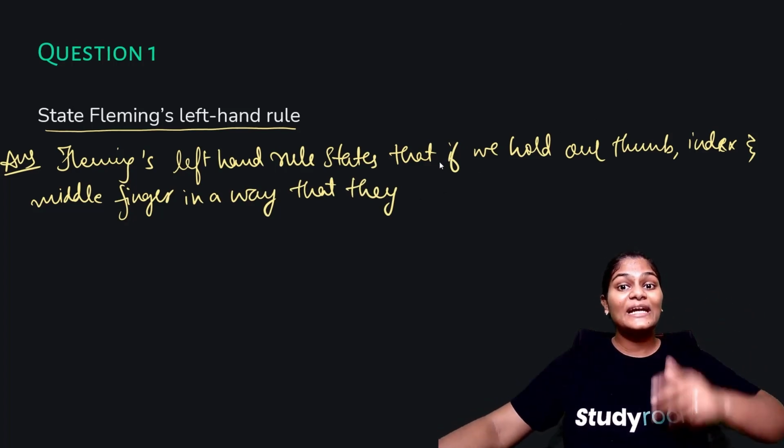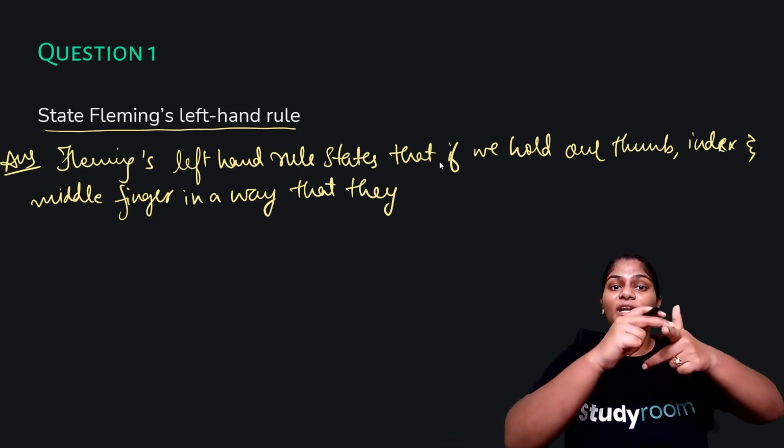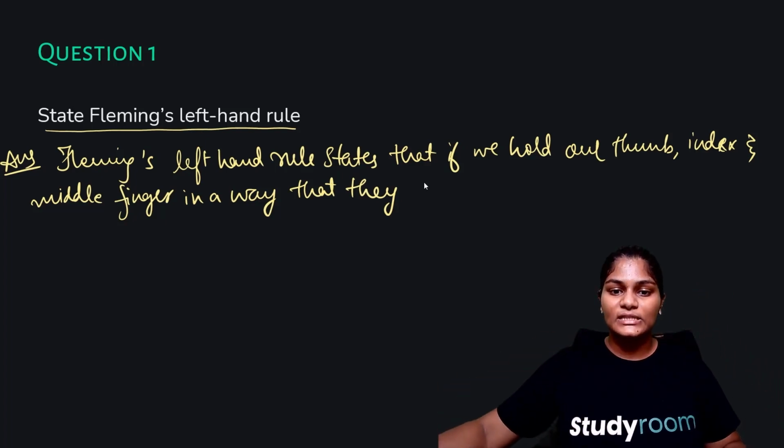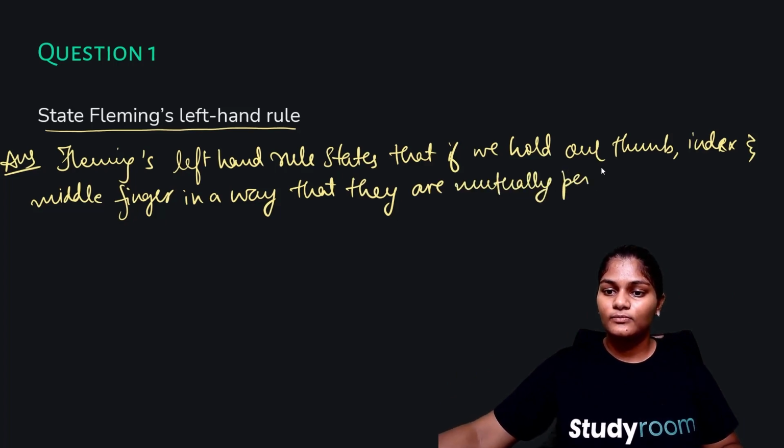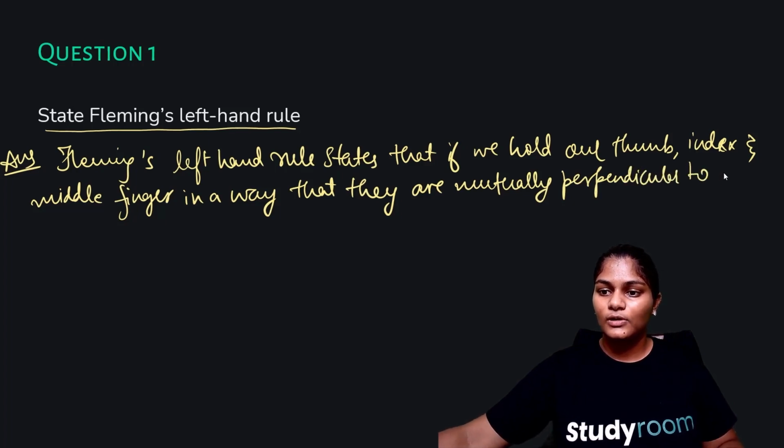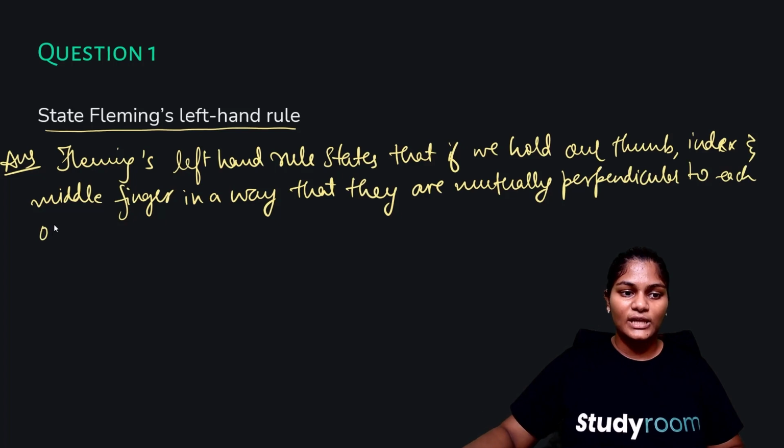Mutually perpendicular means that each one has to be perpendicular to both the others. Then you write the three main points.